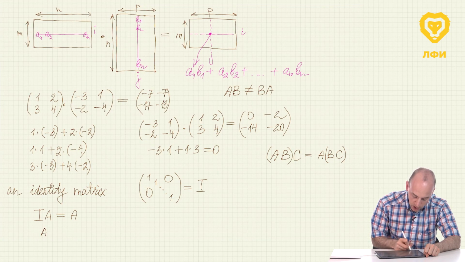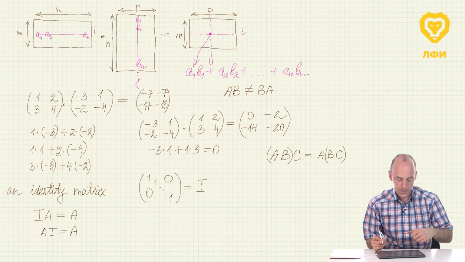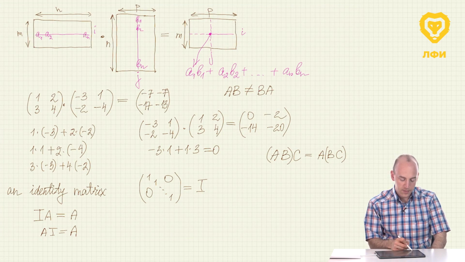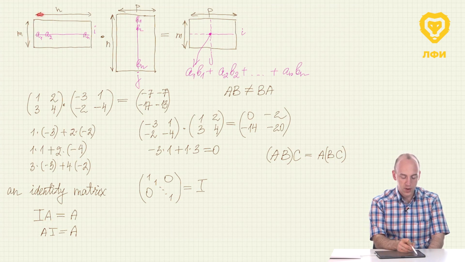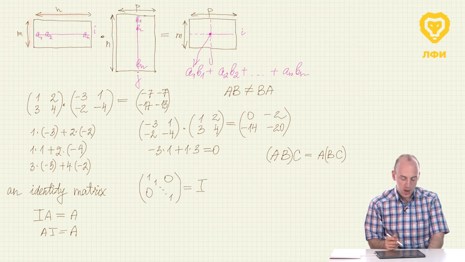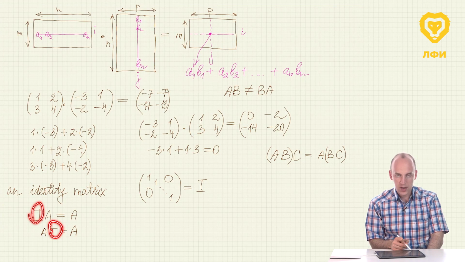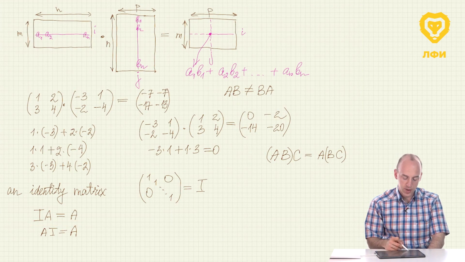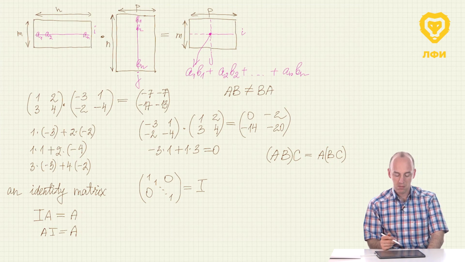So both this one and this one are equal to A. Of course, if A is a rectangular matrix, not a quadratic one, but with different numbers of rows and columns, then these two identity matrices written in the equalities have to be of different dimensions. But anyway, you can make sure by making this multiplication that the result is going to be A.